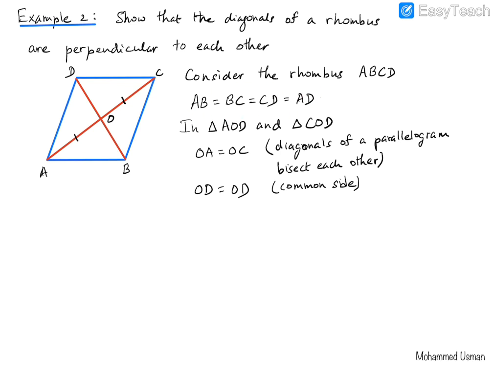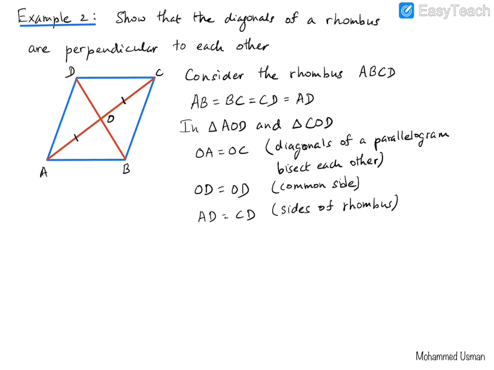So AD equals CD, since they are sides of the rhombus. Now we have all three sides equal.